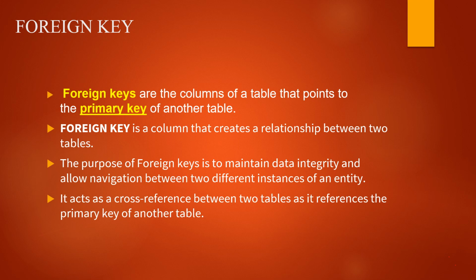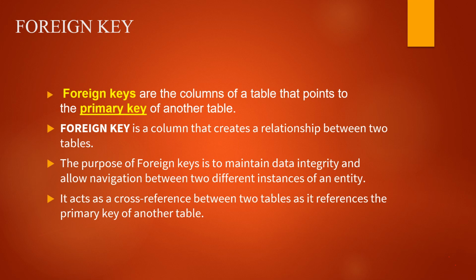So one table contains a column, the foreign key, that points to the primary key of another table. Using this key, we express the relationship between two tables, maintain data integrity, and also allow navigation between two different instances of an entity. Just to understand, it acts as a cross reference between two tables.